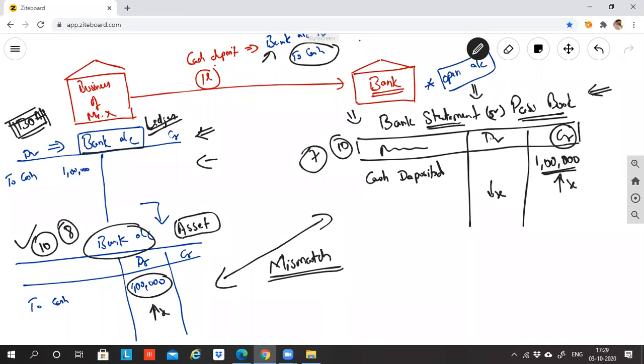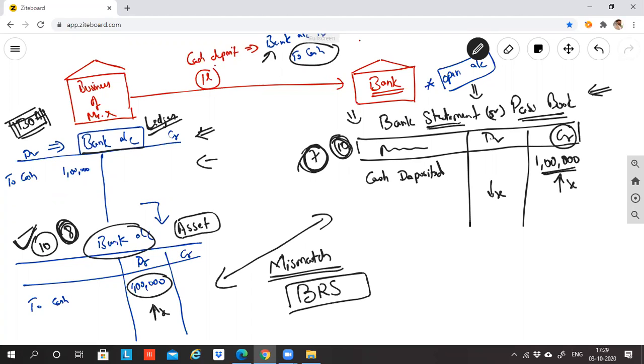Why is it that in my bank ledger I have 10 transactions, whereas in the bank account I only have 7 transactions? We learn why in our account there are only 8 transactions, whereas in the bank there are 10 transactions. So this is what this chapter is going to teach us, right? When there is a difference, to solve the difference, you prepare a statement called the bank reconciliation statement.